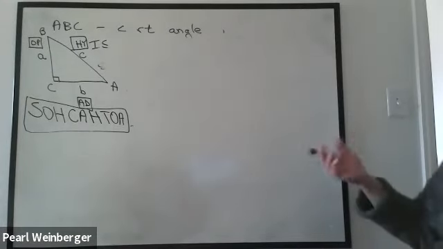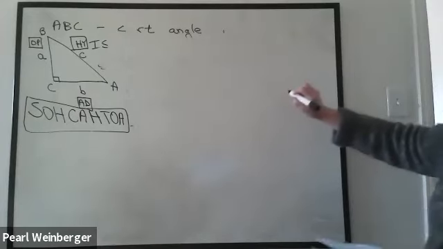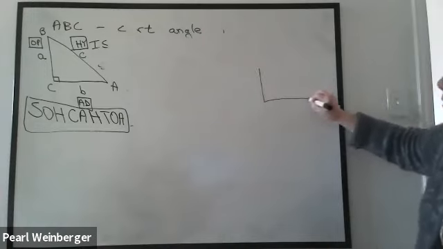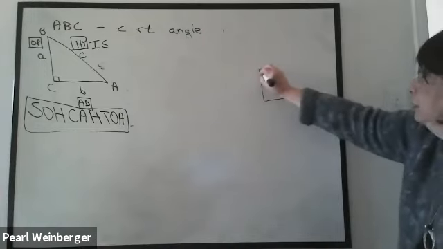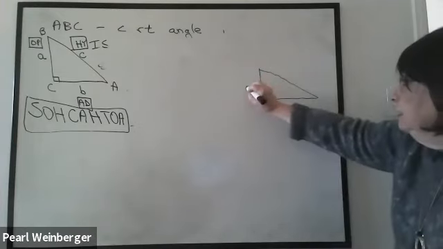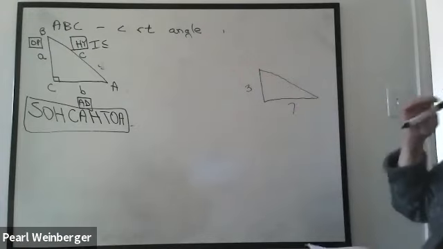So I'm taking an example off a previous final. Suppose they gave me a triangle that looks like this, where they say this side is 3 and this side is 7.